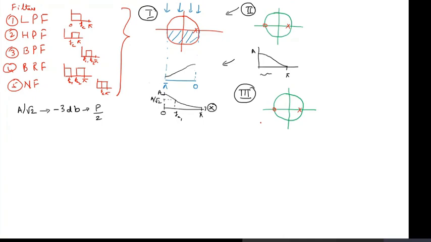Now I have said that the cutoff frequency should be something. So you may say you want to have A by root 2 at pi by 2, the cutoff frequency. Now what you have to do? Beyond pi by 2, you have to place a zero.